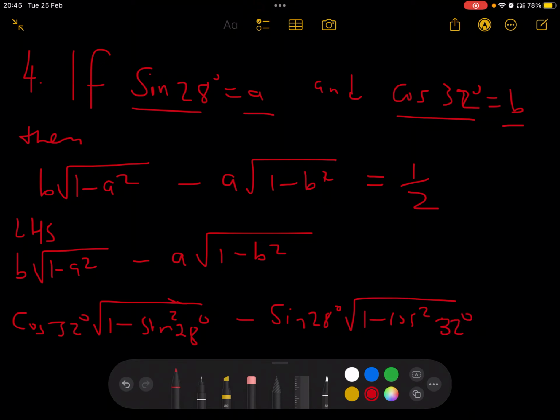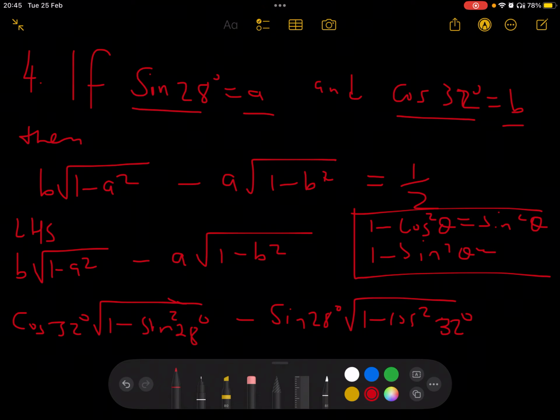All right, we also learned with identities that we can write 1 minus cos squared theta as sine squared theta, and 1 minus sine squared theta as cos squared theta.